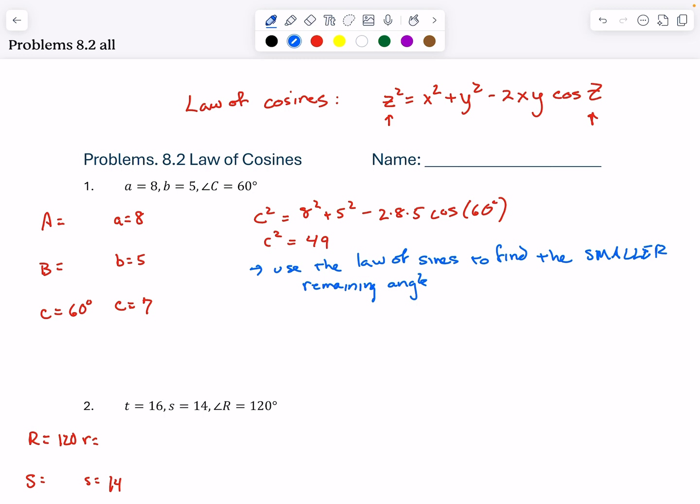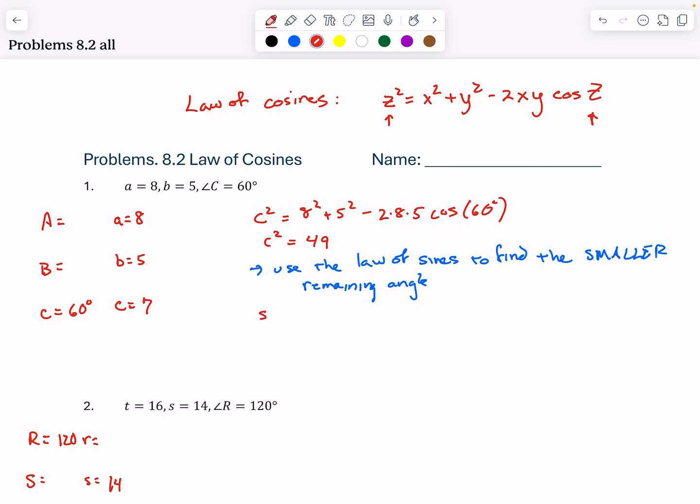There is a problem where the law of sines can't tell if an angle is 91 degrees or 89 degrees, and it will only tell you 89. So if it's supposed to be bigger than 90 degrees, the law of sines gets screwed up. But you can only have one angle that's bigger than 90, and the smallest one can't be. So I'm going to find angle B this way.